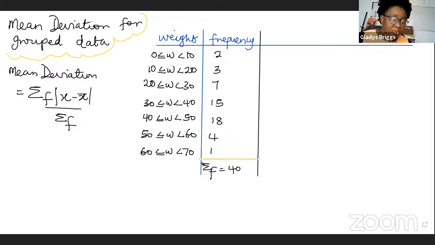Okay, so now you want to work out the midpoints. And you've done this before because you know how to do it. The midpoint of 0 and 10 is 5, 15, 25.